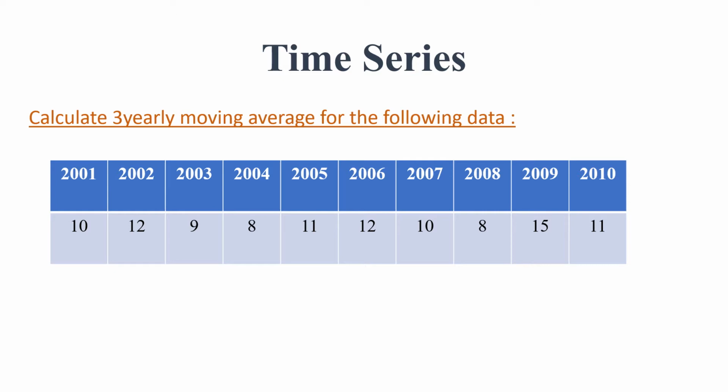In this, two columns will be given to us, that is year and the sales. When the two columns are given, we need to find out the further solutions.